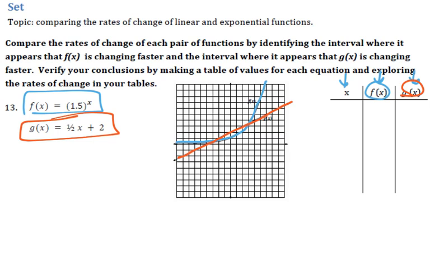Let's see. Compare the rates of change of each pair of functions by identifying the interval where it appears that f of x is changing faster and the interval where it appears that g of x is changing faster. So interval, remember, is just the section. Okay, so there's our y-axis. There's our x-axis. So it looks like to me that g of x is growing quicker from this portion on.